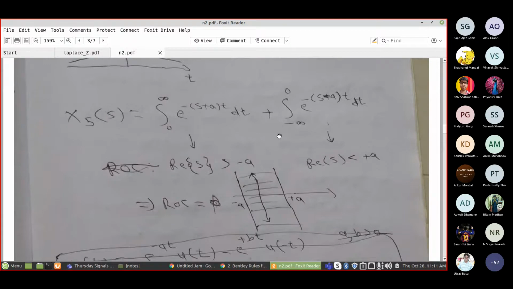If the intersection of individual ROCs is empty, then you have convergence nowhere, so the Laplace transform will not exist because the region of convergence will be empty. But if it is non-empty, then you can identify the specific region where the Laplace transform converges, and that will be the region of convergence. So I hope this is fine.